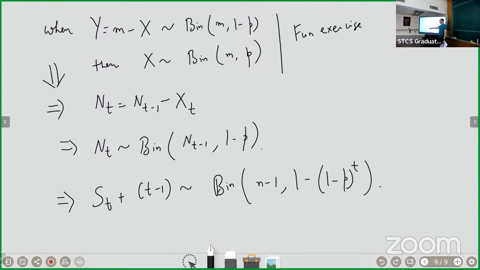Initially, the way we saw St was a complicated process. St was St minus 1 plus Xt, where Xt itself depended on St minus 1. What we are able to do is keep this constant and shift all the dependence on t over here. So this is exercise number 1.